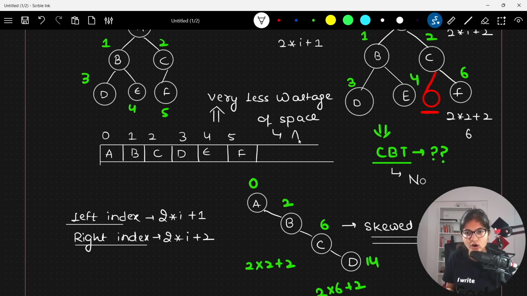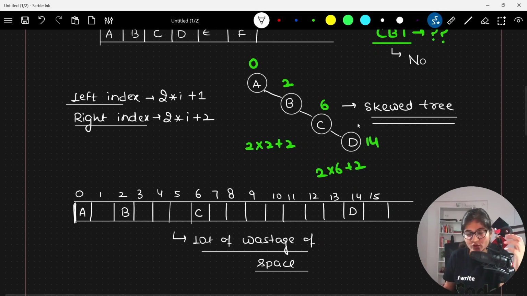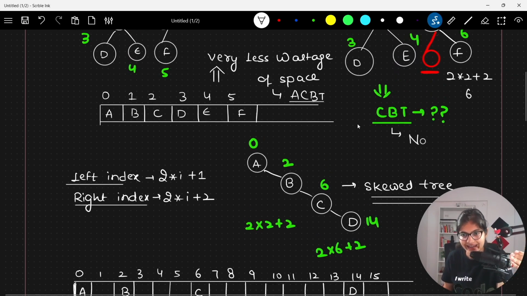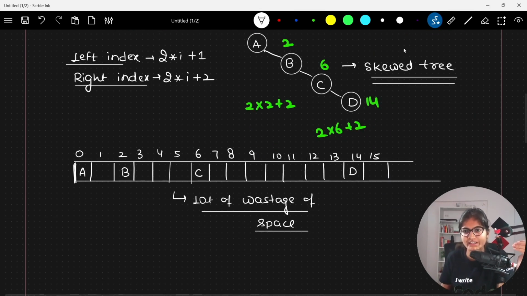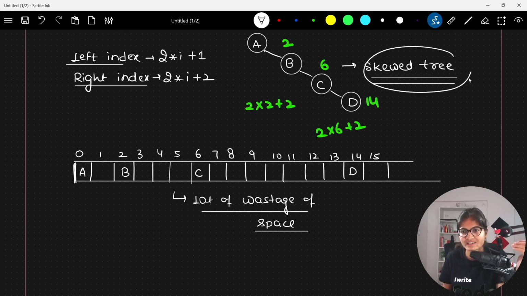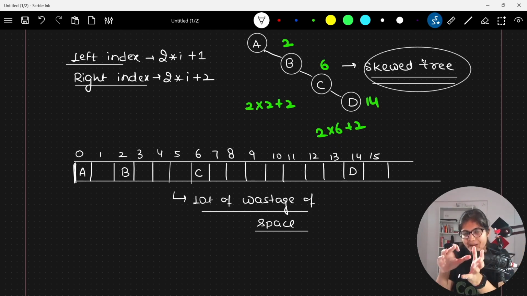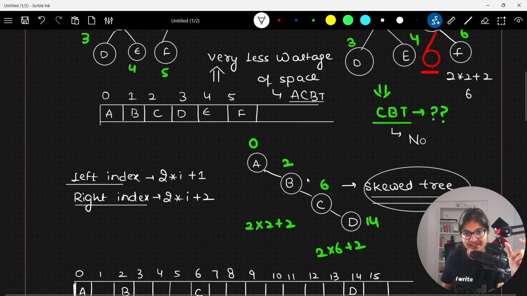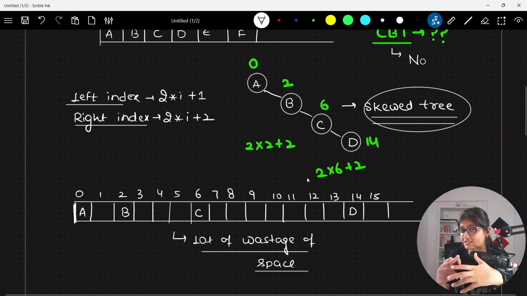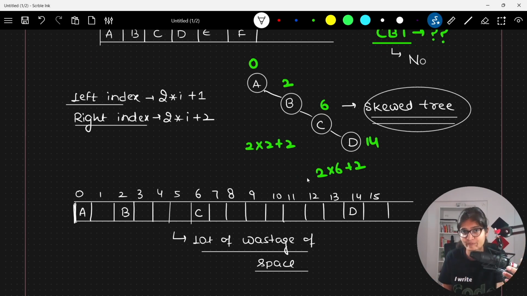Only when you are using an almost complete binary tree, there will be only a single node wastage of space. But with any other kind of tree, specifically a skewed tree, which has the maximum number of nodes towards the left side or the right side, the same array based data structure wastes a lot of space.